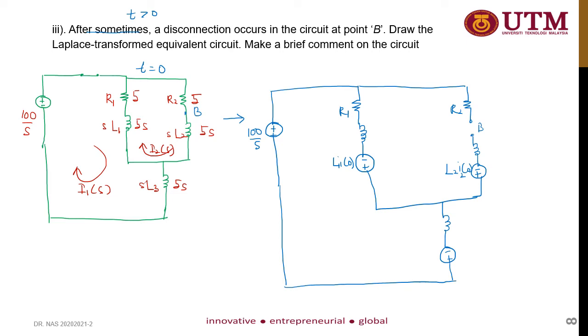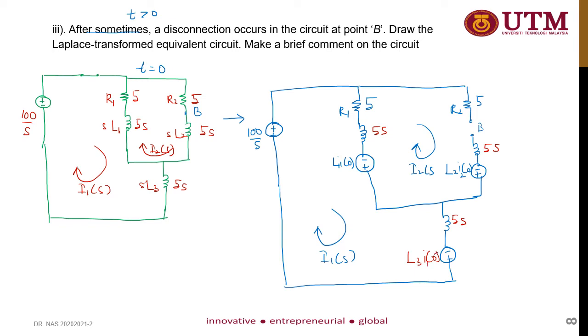Okay, here is I1(s), here is I2(s). So our value is 5 and 5. And how about the L I naught? So here is still L1 s, so it's 5s. The same goes to this point, it is 5s, and here as well. So here is L3 I naught. Here it only depends on I1.